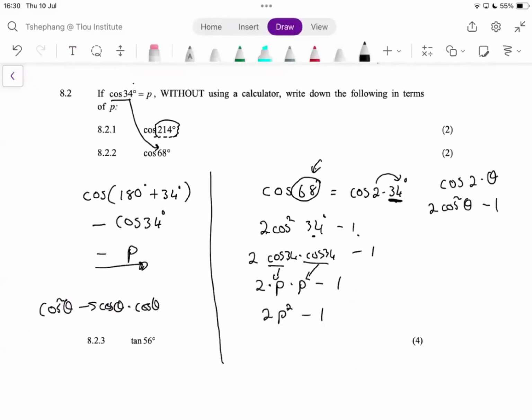They're saying we can use 90 minus 34, but then if you did that for tan, you are going to end up with cot. So tan of 90 minus 34 is cot. Then you're going to have some problems. So shy away from the cot.